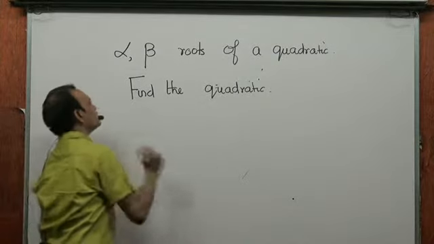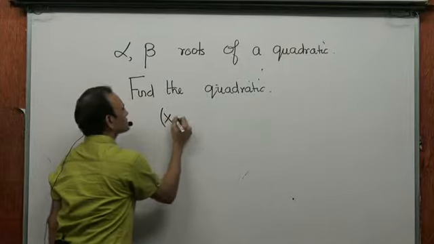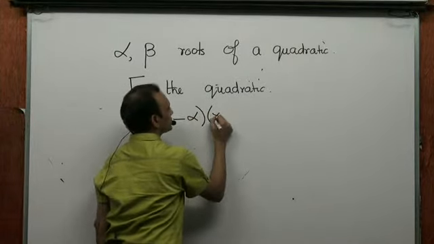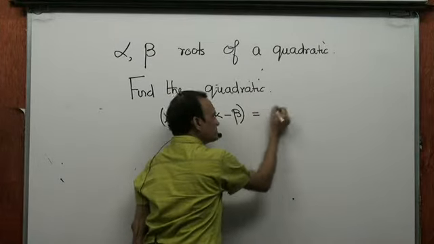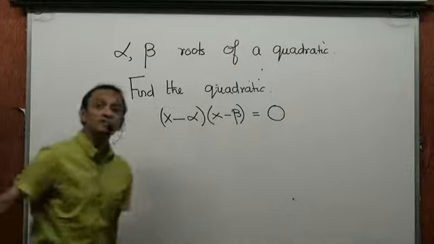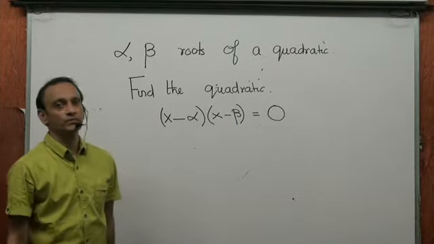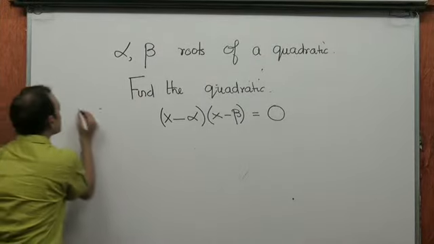Now, do you realize that x minus alpha into x minus beta equal to 0 is a statement, and it boils down to an equation?